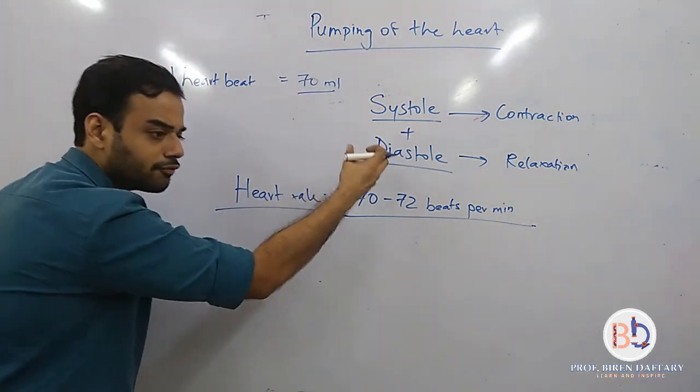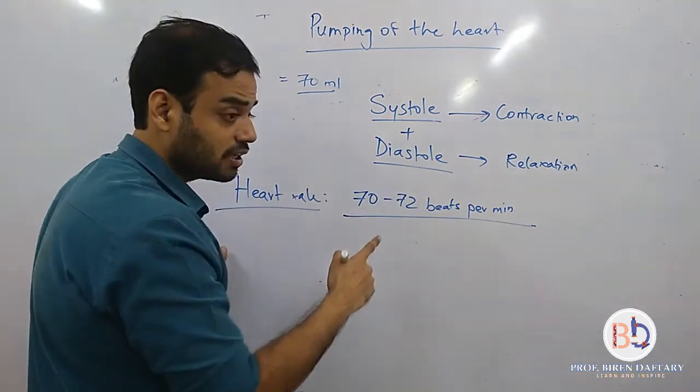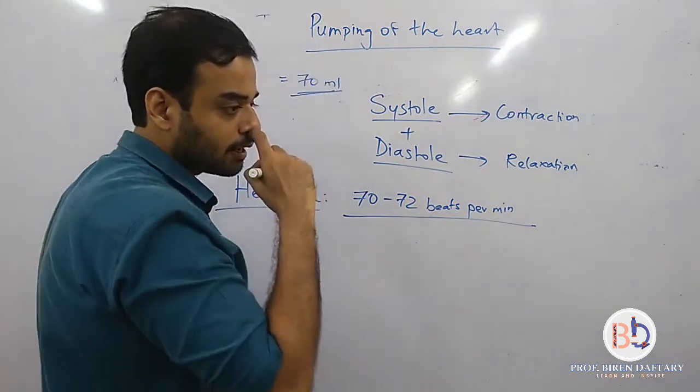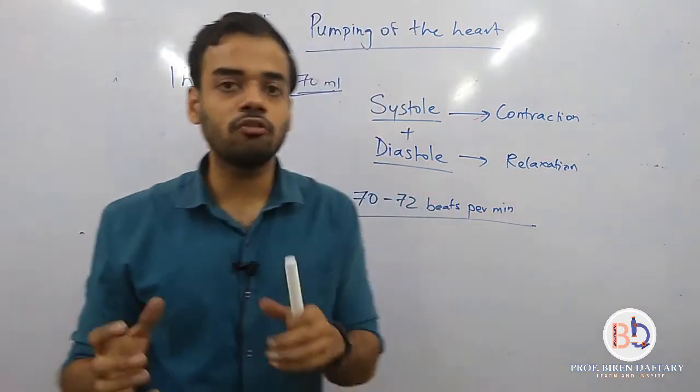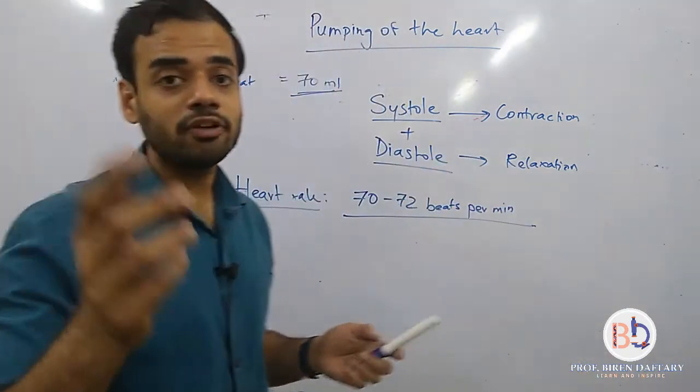blood which the left ventricle pumps in one heartbeat, not in 1 minute, in one heartbeat, the amount of blood it pumps is 70 ml. Now if I want to find out the total volume of blood pumped by the left ventricle in 1 minute, how will you calculate that?